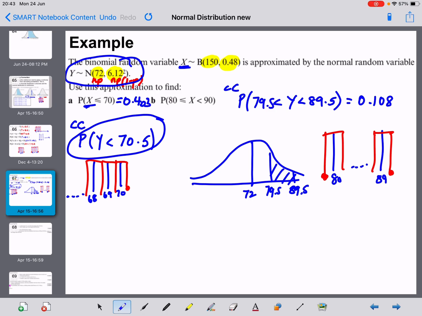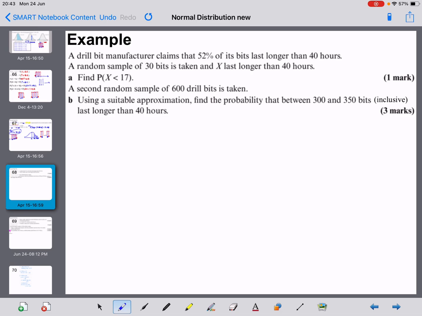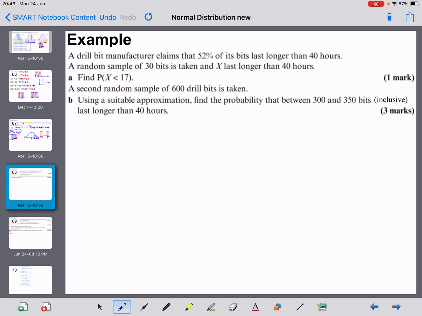Okay, just going to do one more example. A drill bit manufacturer claims that 52% of its bits last longer than 40 hours.